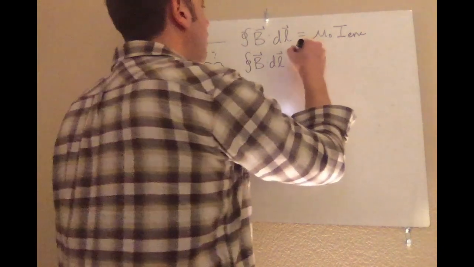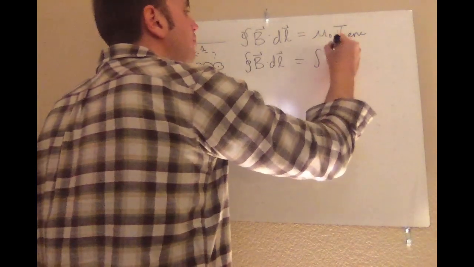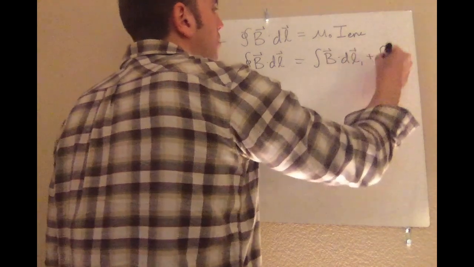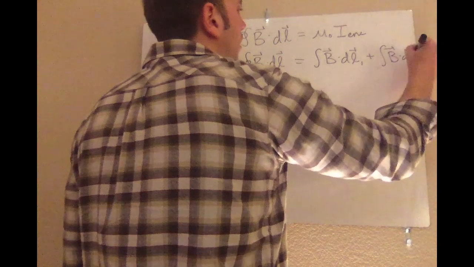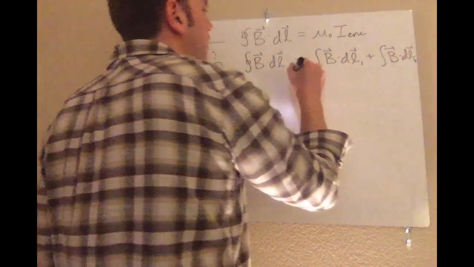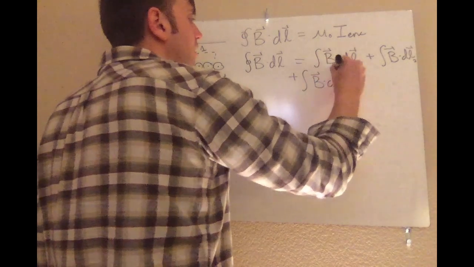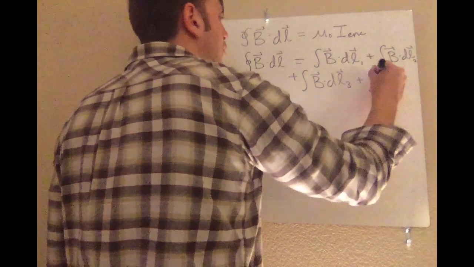We need to add B dot dl for each one of those parts individually. So we'll have B dot dl1, B dot dl2, B dot dl3, and then finally B dot dl4. 4 integrals.